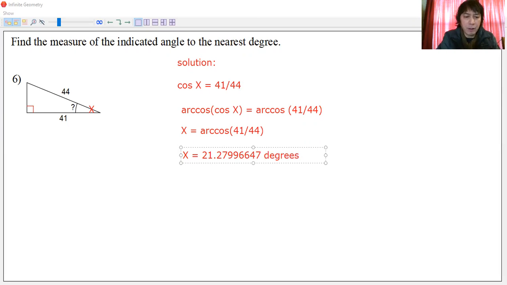There. And then rounded to the nearest degree, this will only be 21 degrees. And this is our answer. Okay, let's verify. Yes, it's 21 degrees. Okay, so let's continue with 7.